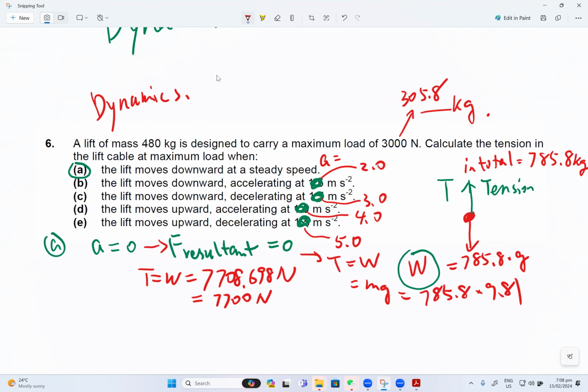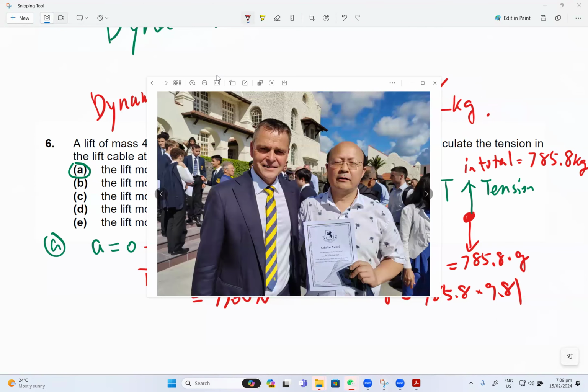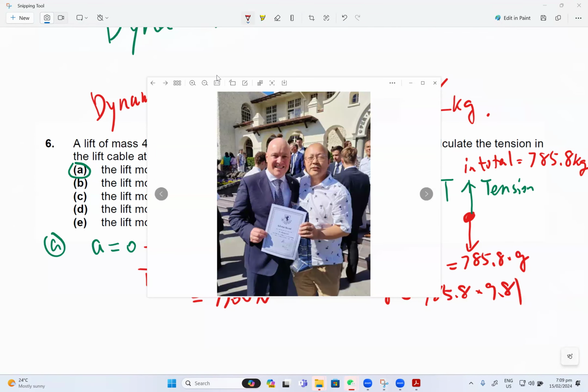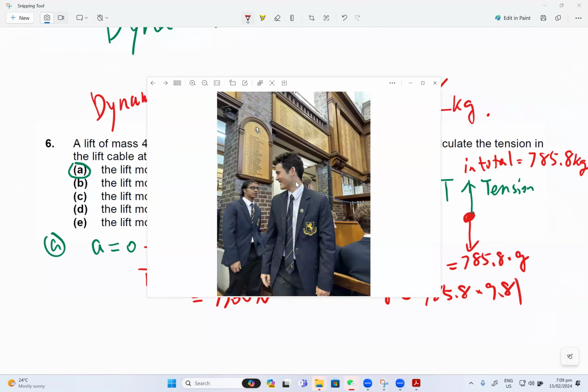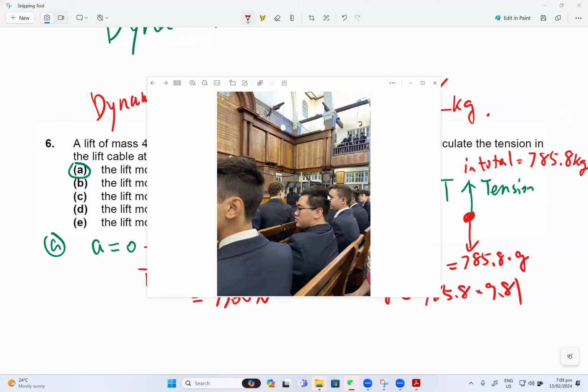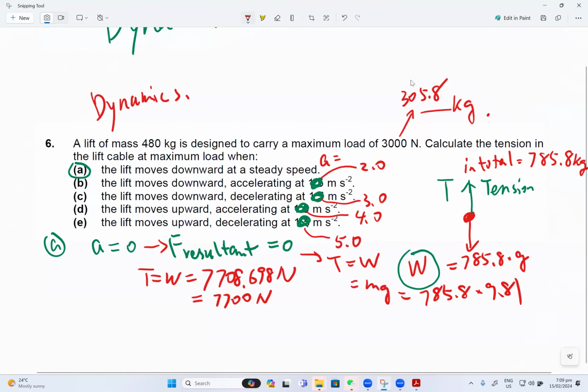Hey, you guys missed my picture. Paul Scott Smith in the background. This is my student. I got several students on the honor board. Cool. We expect that.